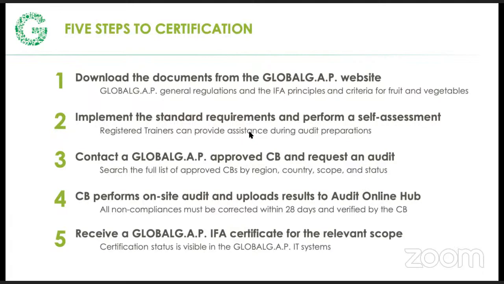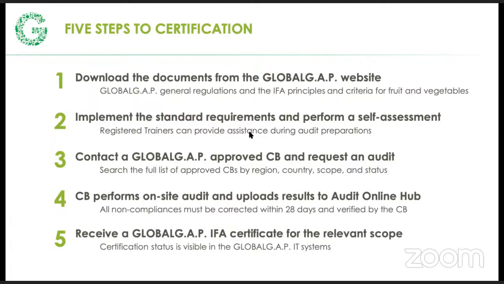Once they inspect, if they find areas where you're not compliant with the standard, they would document that, give it to you, and also enter that information in the Global GAP system. And you have a month, to be exact 28 days, for you to act on them.